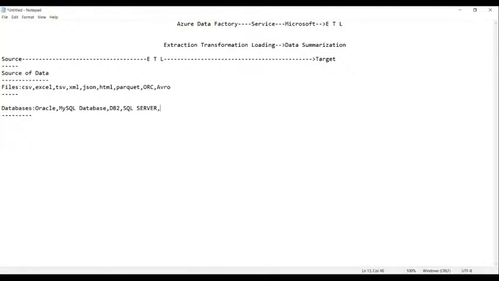Cosmos DB is basically cloud based. All these are the databases we can have.